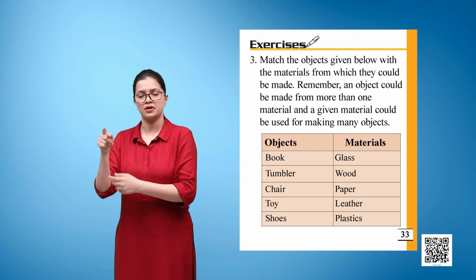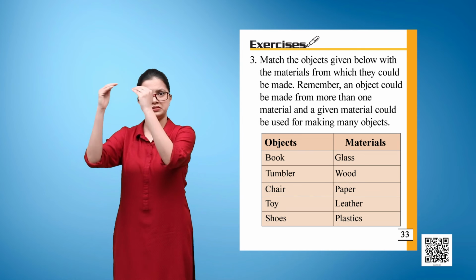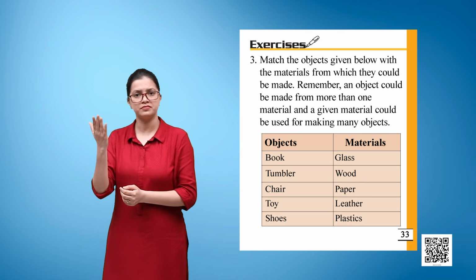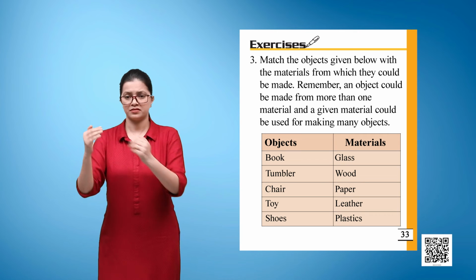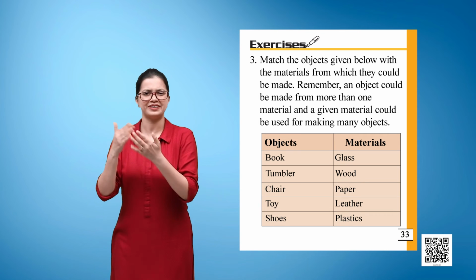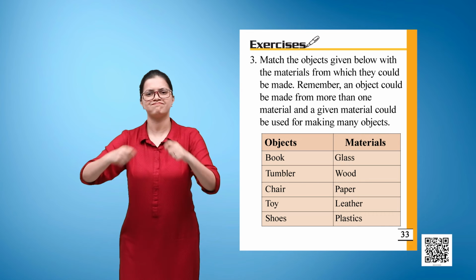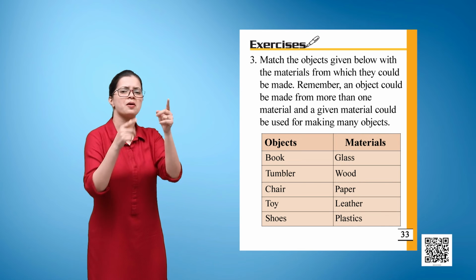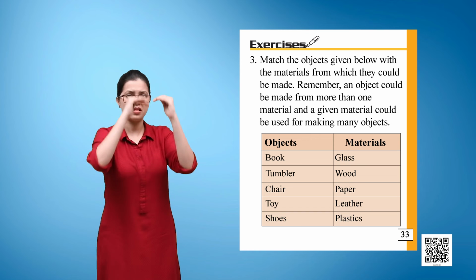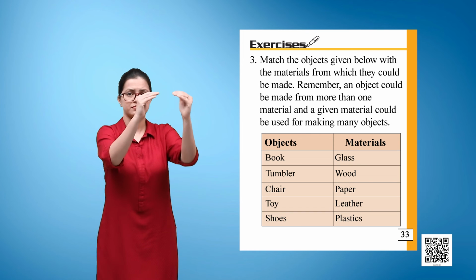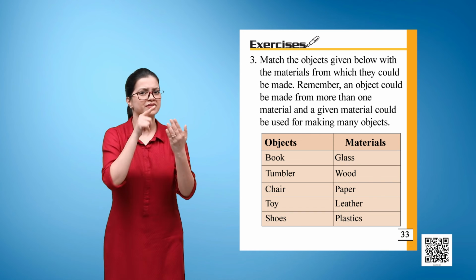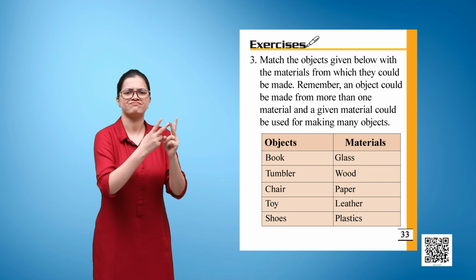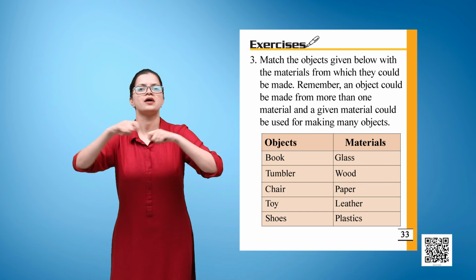Objects are book, tumbler, chair, toy, shoes. And materials are glass, wood, paper, leather, plastics.